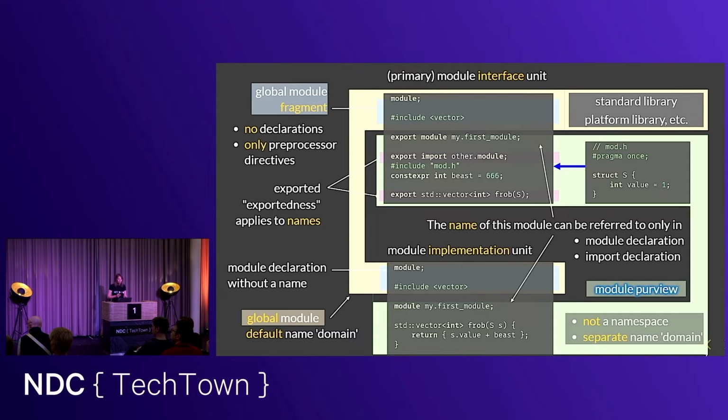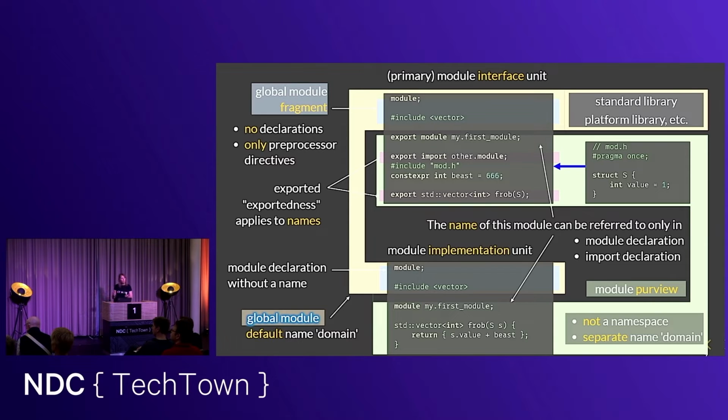Please be aware of the fact that the purview is not a namespace on its own, but it creates something like an independent domain of names that you can have independent from any other module. Then there's the so-called global module. These are the orange parts here.